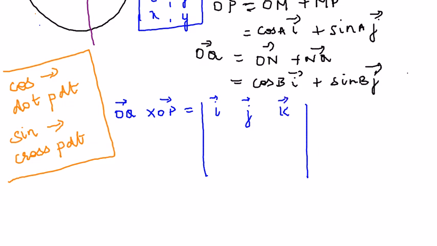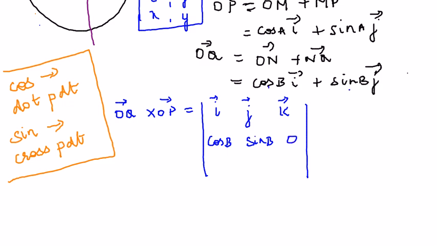So in the first row, for OQ, the i coordinate is cos B, and for j it is sin B. I am writing this and this, and there is no k.